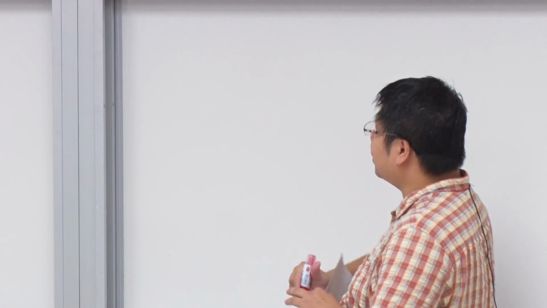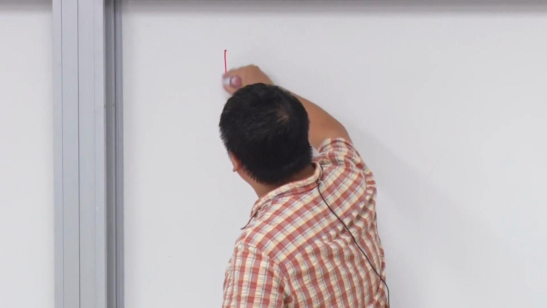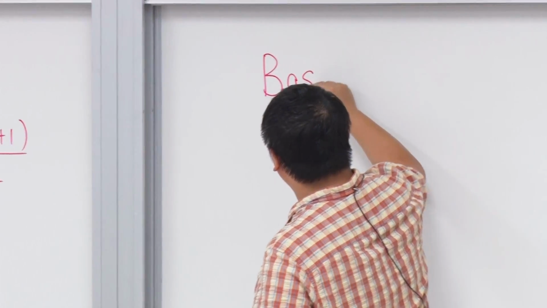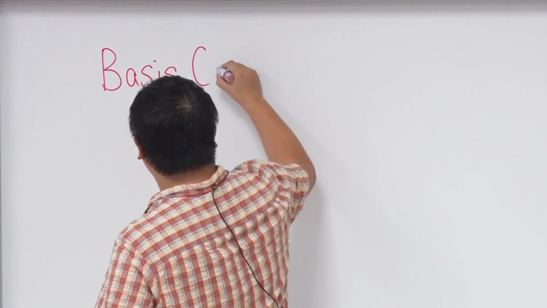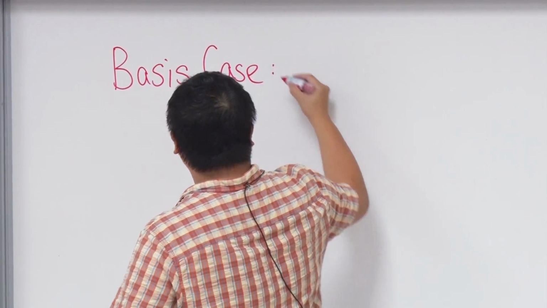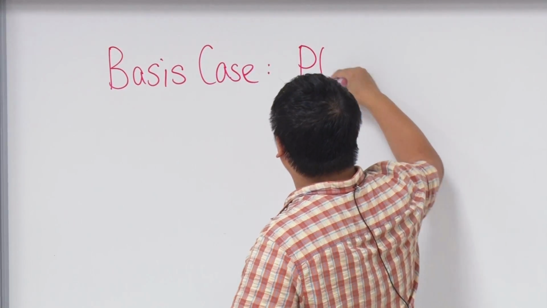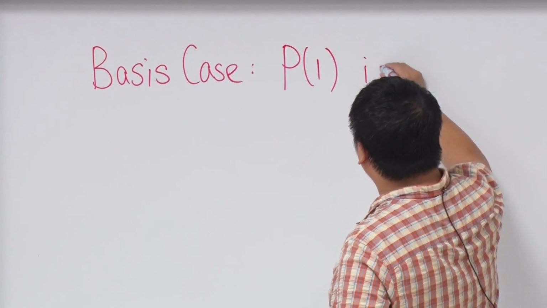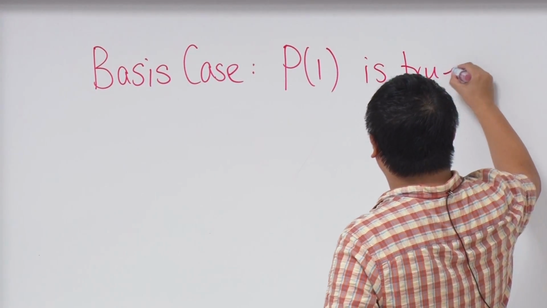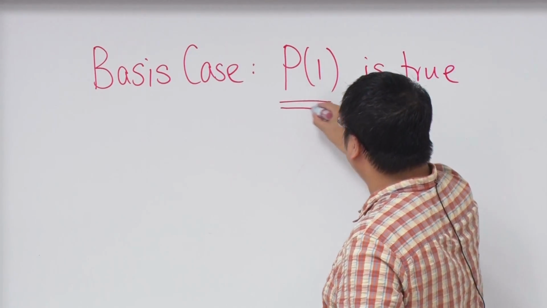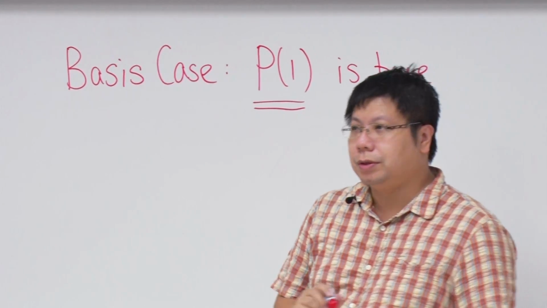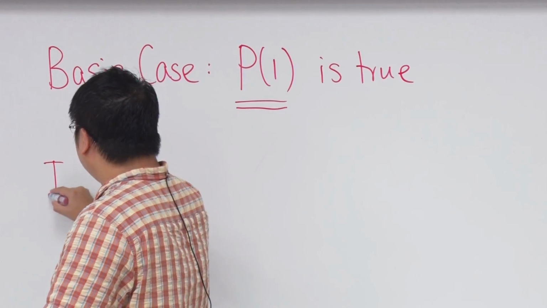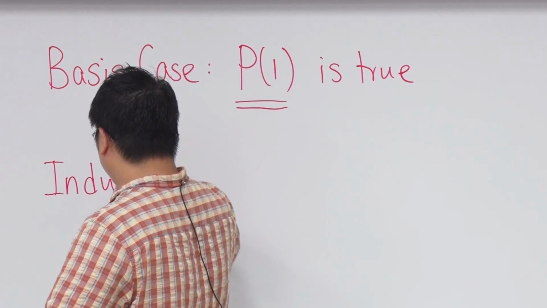For instance, we are going to show something called the basis case. The basis case here is when n is equal to 1. So we want to show that P1 is true. P1 is the basis case. We also want to show the inductive case.